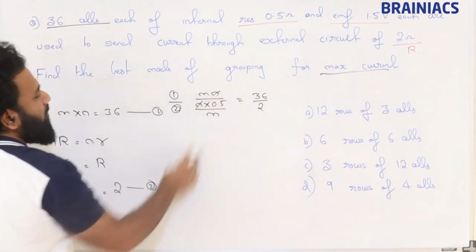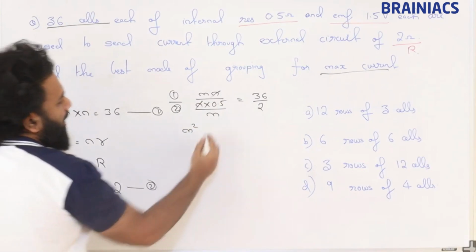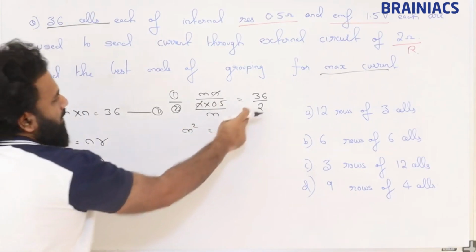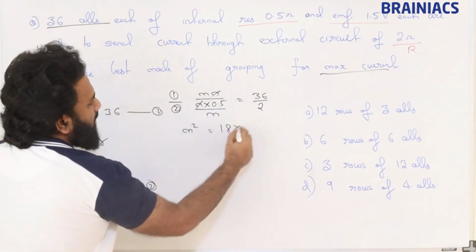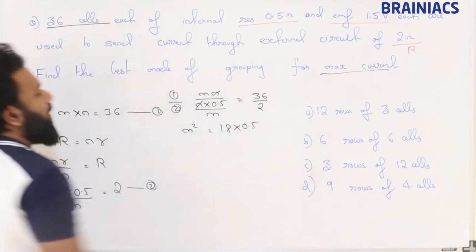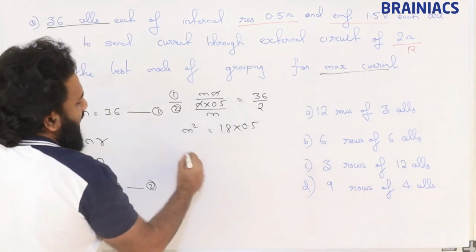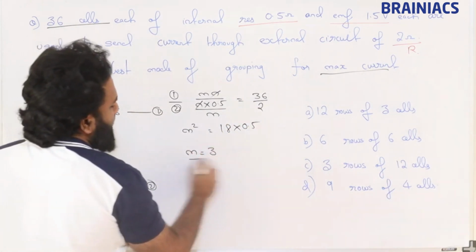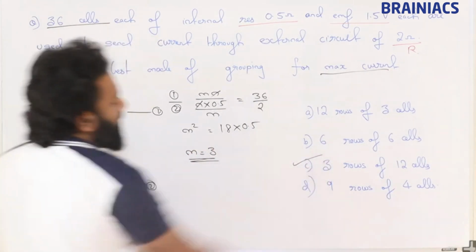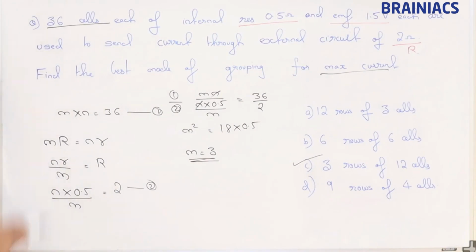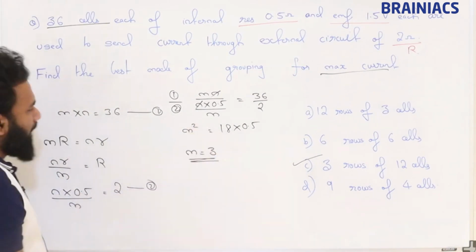So N cancels, this will become M square, and we will be getting 18 into 0.5. So 0.5 is nothing but 1 by 2, this will become 9. M we will be getting as 3. So 3 rows. Then we need not even try to find the rest of the things, we can directly mark, because M is nothing but number of rows, which we got directly.